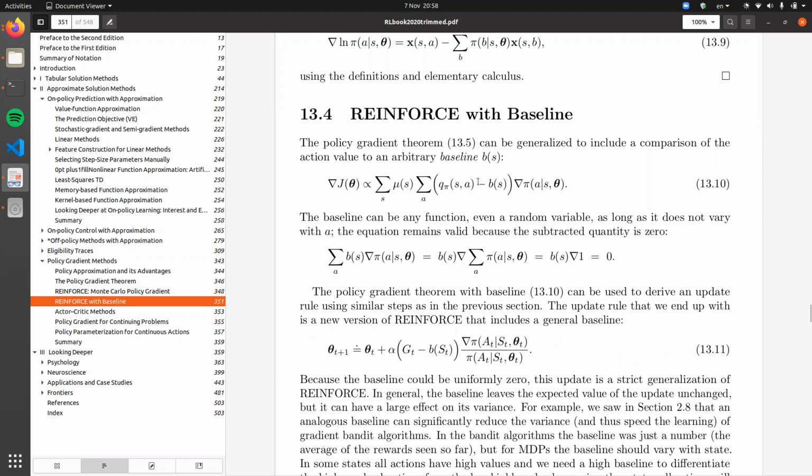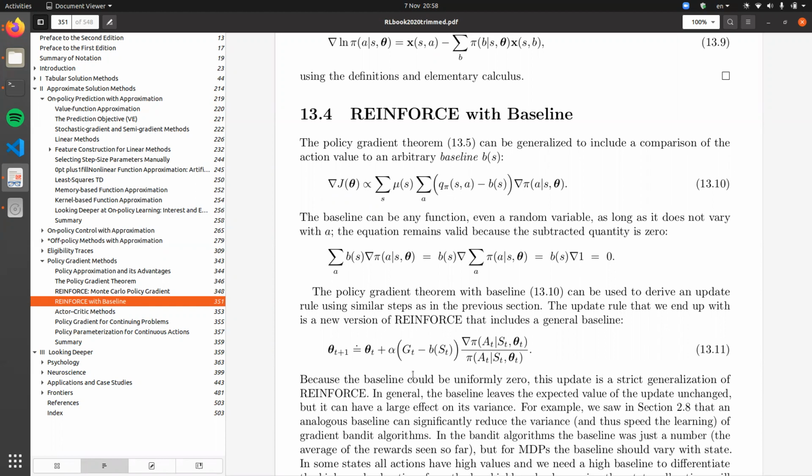So we can safely subtract something that is 0 in expectation. It will not affect the expectation of the update, but it will affect the variance of the update.